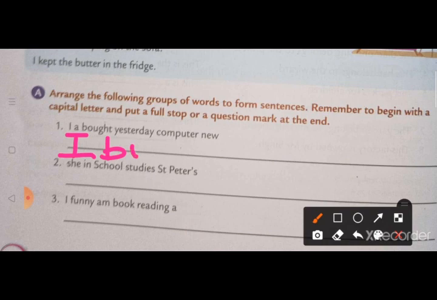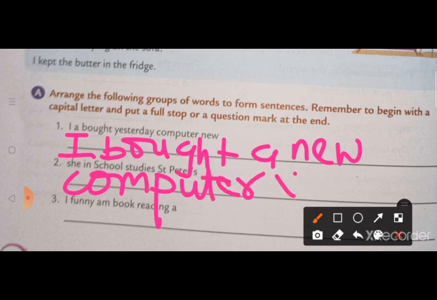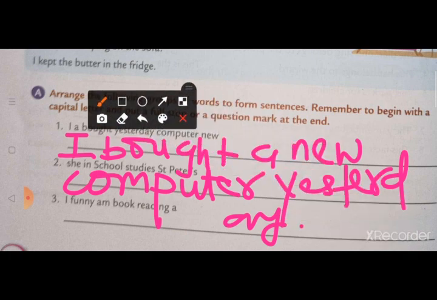Then bought a new computer yesterday. Okay, I bought a new computer yesterday, and make sure that you are putting a full stop at the end of this sentence. Now let's see the second one.